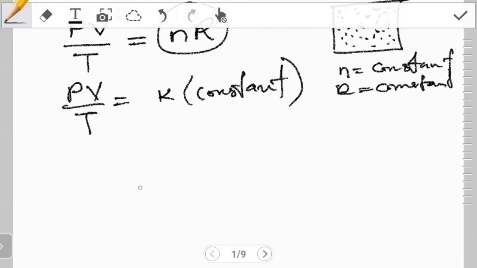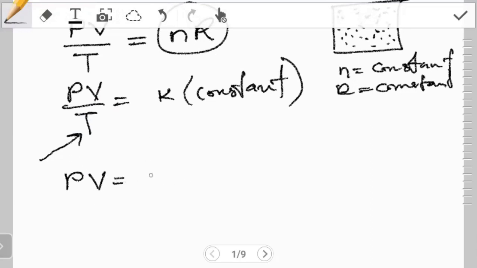The first one: what if we have a gas in a container and we say, okay, let's hold temperature constant. Sometimes in a laboratory, you can maintain the temperature for that particular gas as the other variables, maybe pressure and volume, are changing. You allow them to change, but you hold the temperature constant. In that case, what you end up with is PV. Now, T becomes constant as well.